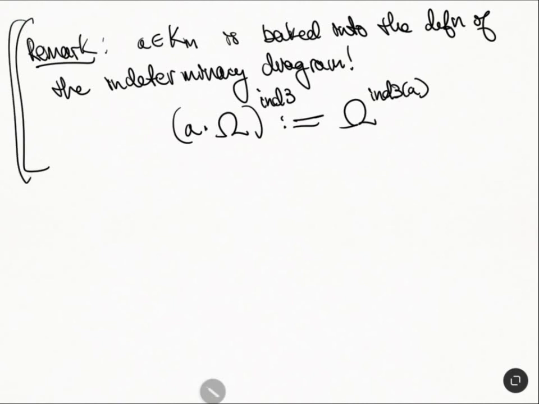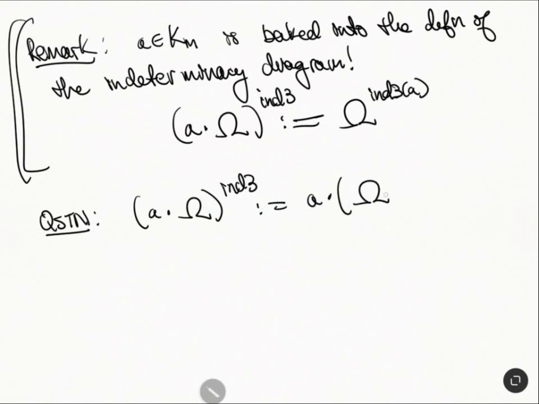Now we can start to have questions. In practice, this will be the theta parameter, and it'll be acting on some things. So one question is: is it the case that A dot omega of Ind3 is equal to A dot omega of Ind3?